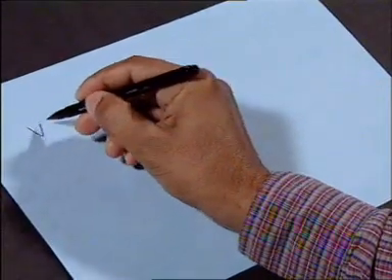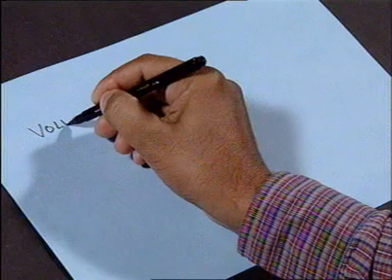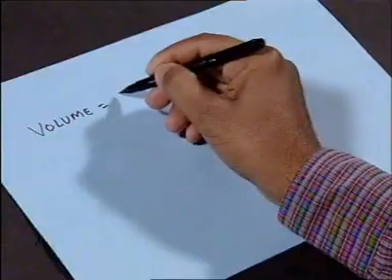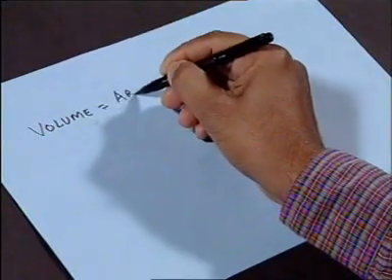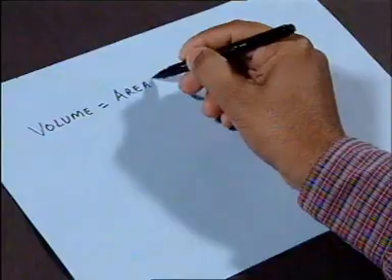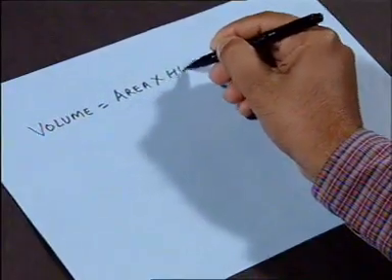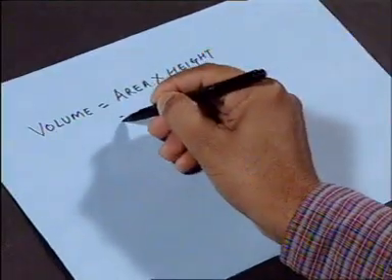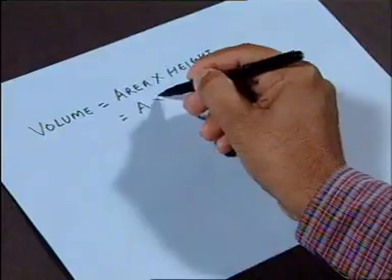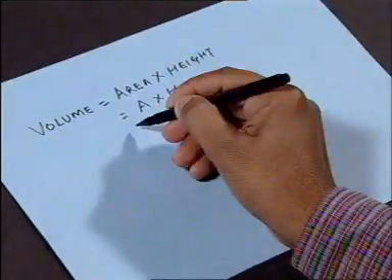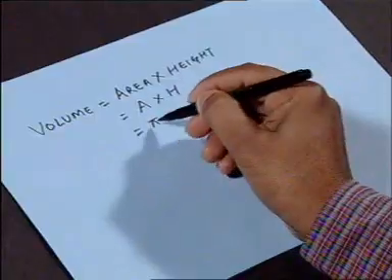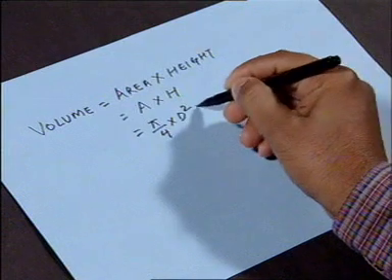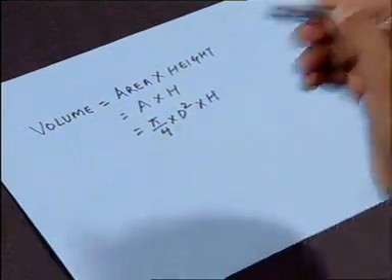Volume is equal to area into height, that is A into H. Area is pi by 4 into d square, into height.